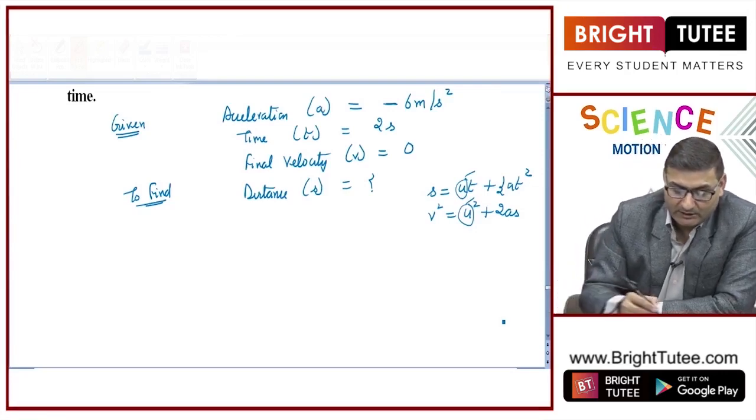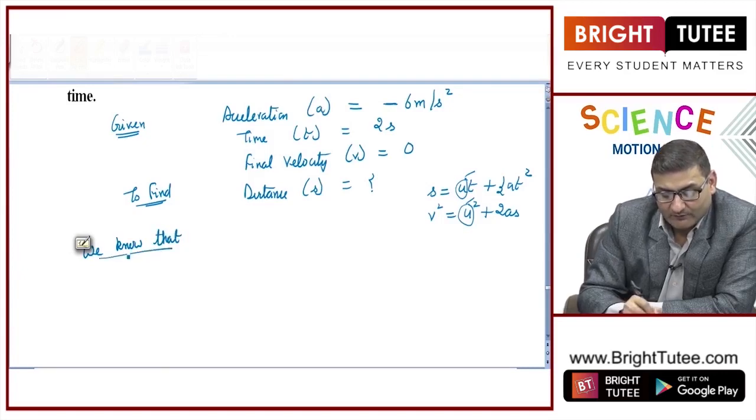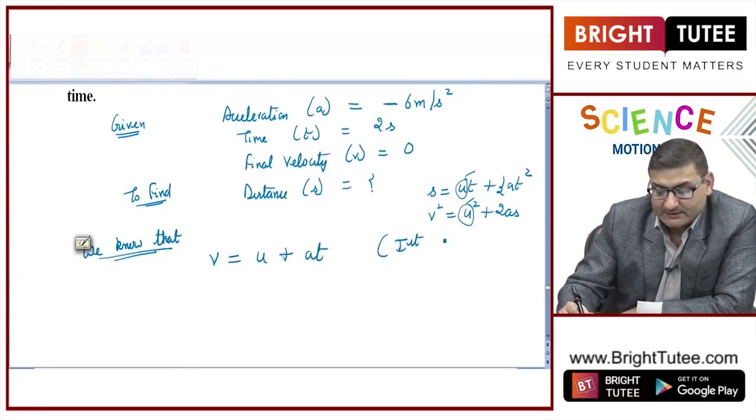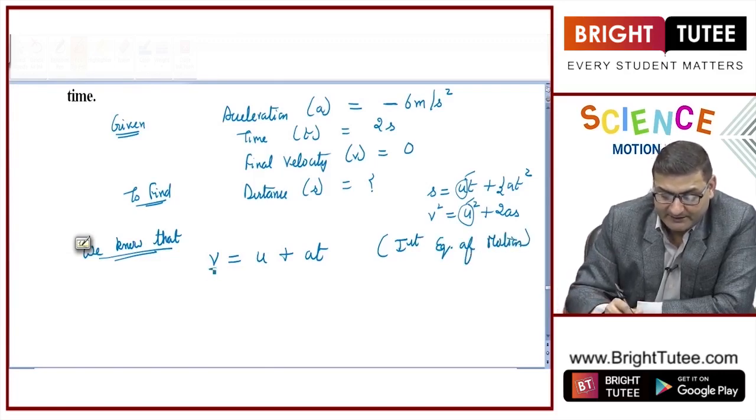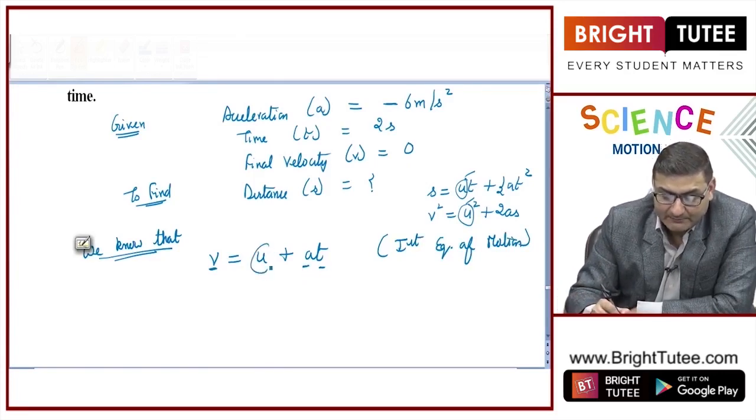So, first of all, I will calculate the value of u using the first equation of motion, v is equal to u plus at. In this equation, v, a and t are given in the question, so I will be able to get u.